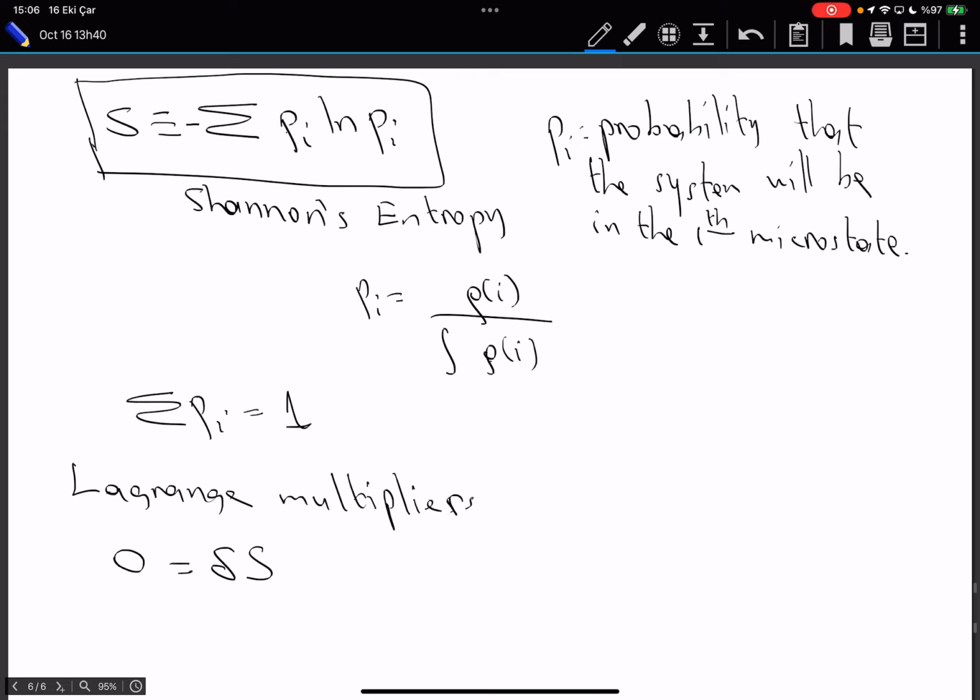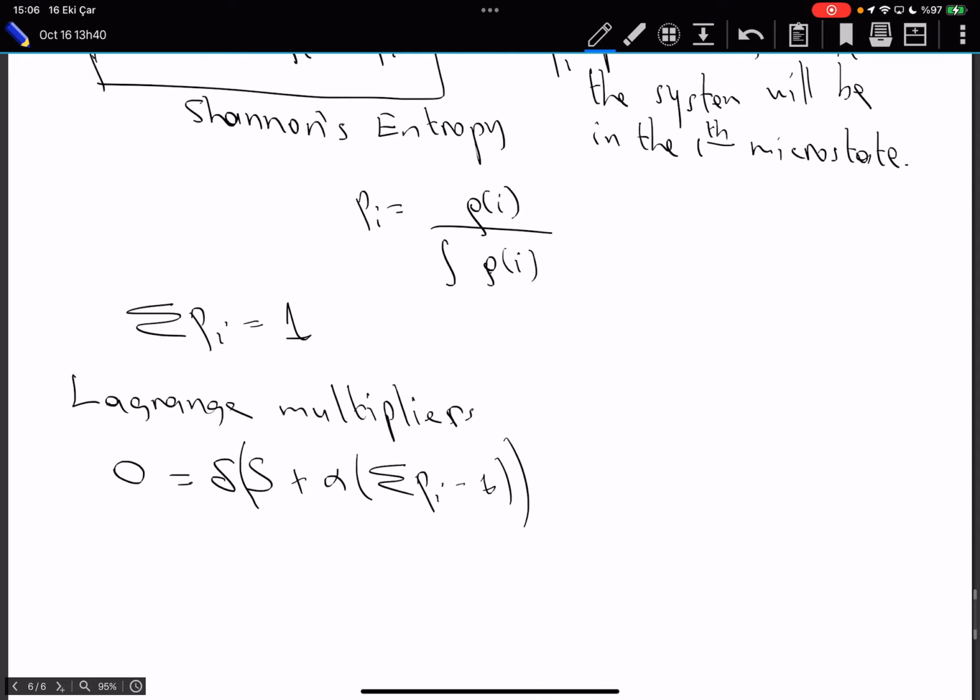To get rid of that constraint, what you usually do is you just add this Lagrange multiplier, alpha times the sum of pi minus 1. Well, if the constraint is satisfied, then I'm just basically adding 0 to my function. Once I add this Lagrange multiplier, I will treat all the pi to be independent of each other. And I will choose alpha such that my constraint is satisfied.